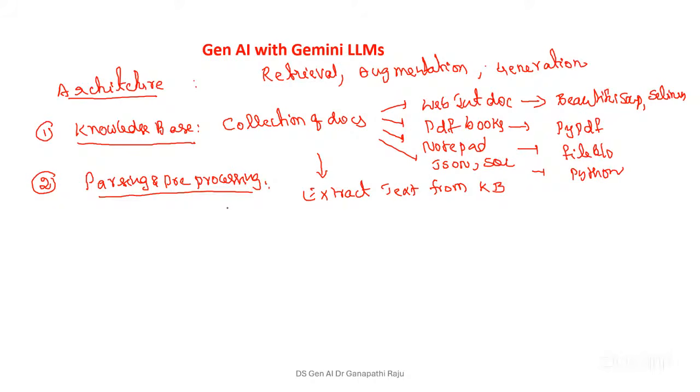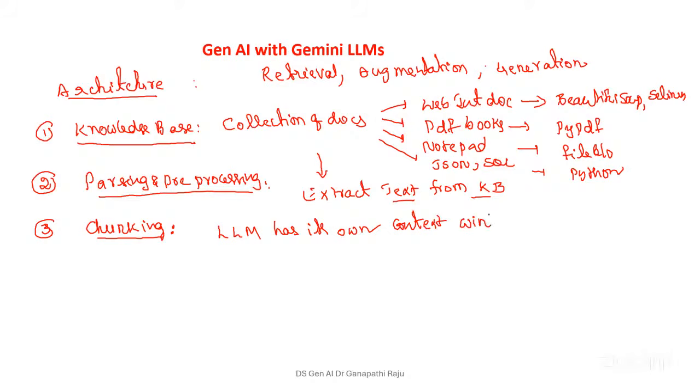Once we extract the text from the knowledge base, the third step is called chunking. This is the most important step, chunking. Every LLM has its own context window. Yesterday I discussed what a context window is.